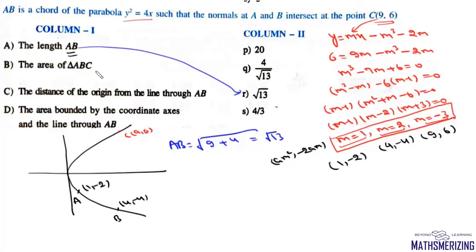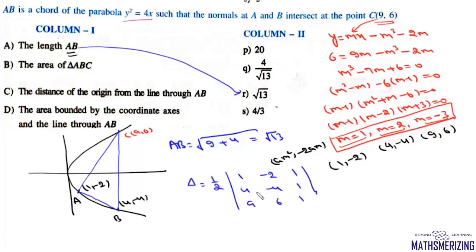Second one is the area of this triangle ABC. So we can find this area as 1 by 2 times the determinant with rows x1, y1, 1. So it will be 1, minus 2, 1; 4, minus 4, 1; and then 9, 6 and 1. Now we'll take R1 minus R2 and R2 minus R3.